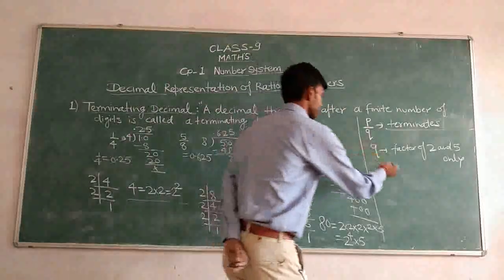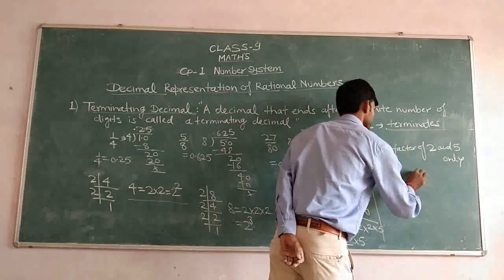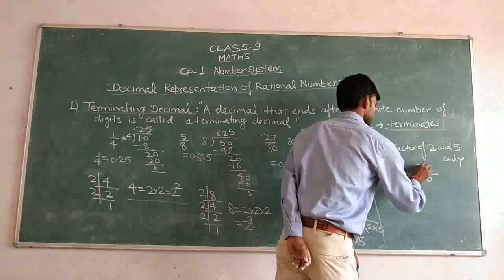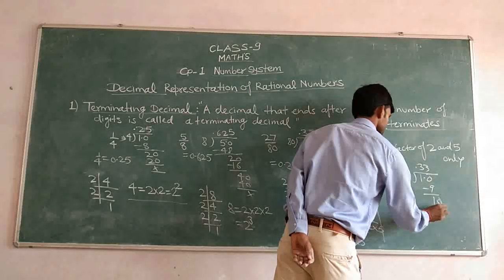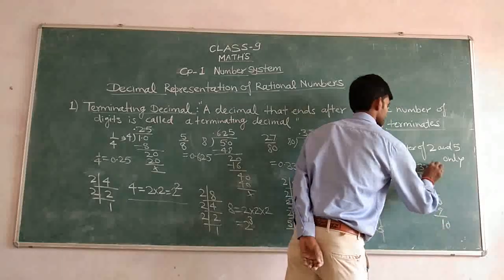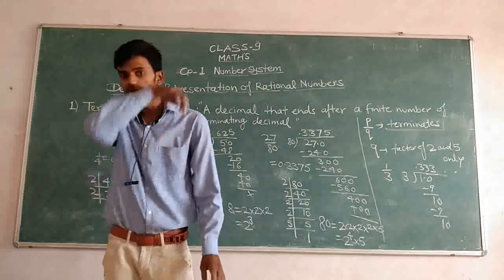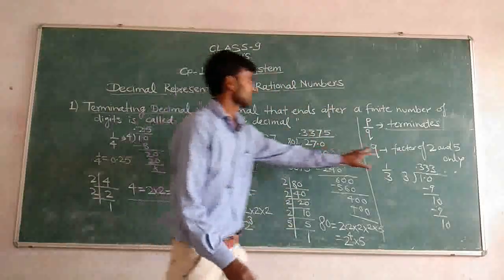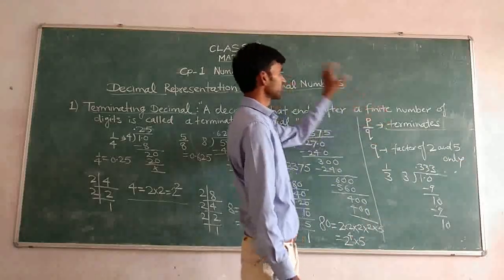For example, look at 1 by 3. Divide 1 by 3. What do you get? 3 3s are 9, remainder 1, 0, 3 3s are 9, remainder 1, 0, 3 3s are 9, and so on. It never terminates. This means when your denominator has the factors of 2 and 5 only, it terminates.